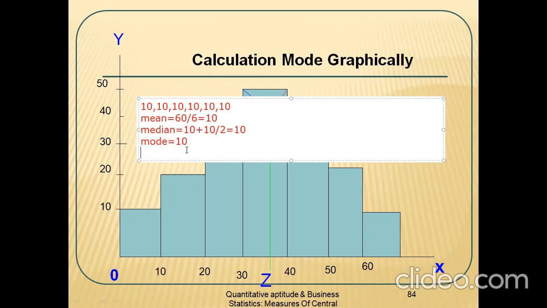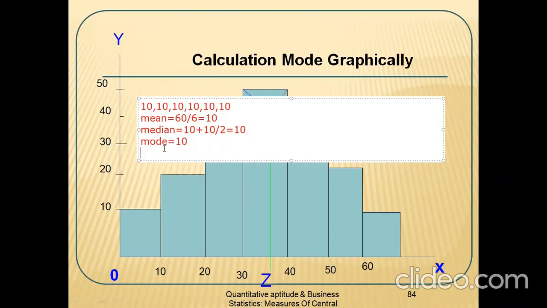Therefore, you should understand one important point: mean, median, mode will be the same if the given distribution is symmetrical in nature, that is all the observations are equal.